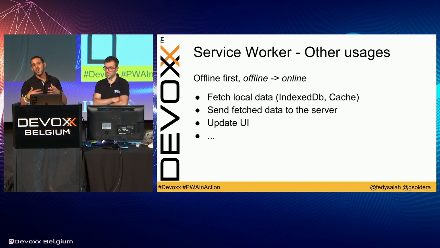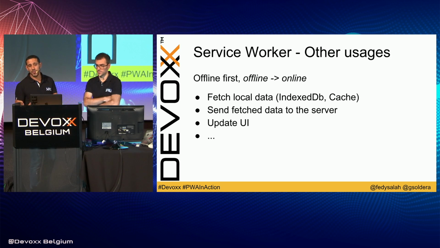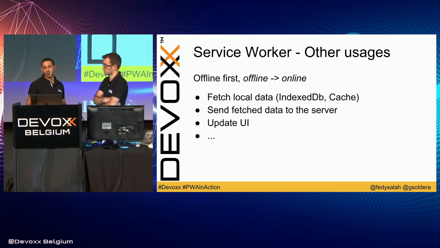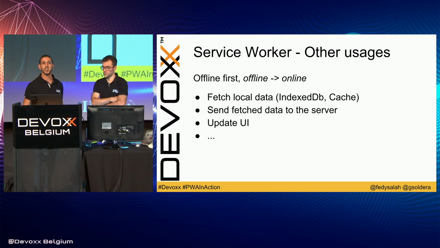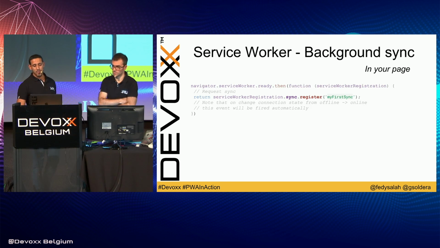So it's kind of an offline first pattern, and it's very useful in some cases. On change of the network, as we said, we have to fetch the local data and send it to the server. Maybe update the UI to say your data has been synced or stuff like that.